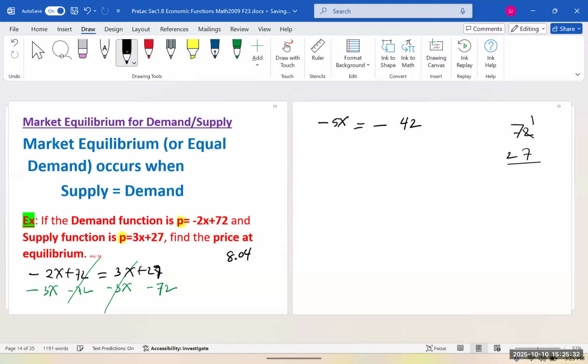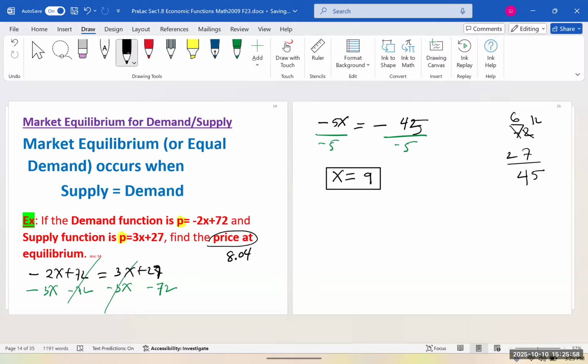So 12 becomes, 2 becomes 12, 7 becomes 6. 12 minus 7 is 5, 6 minus 2 is 4. So this is 45. And then divide by negative 5. So x equals 9. But what are they asking for?